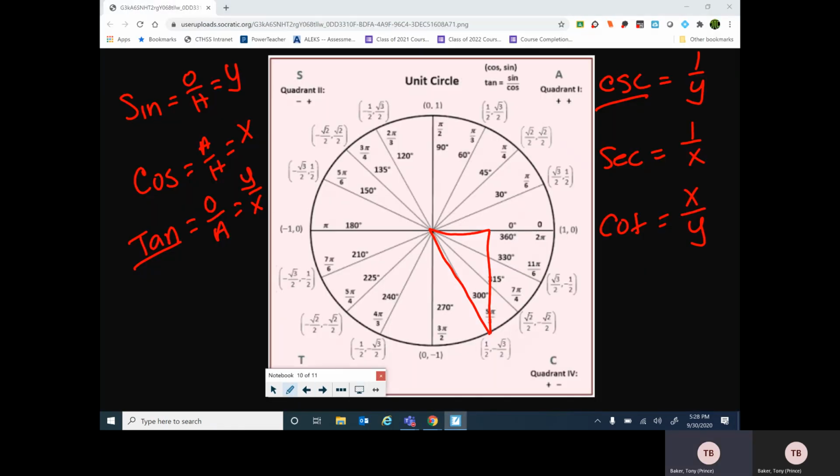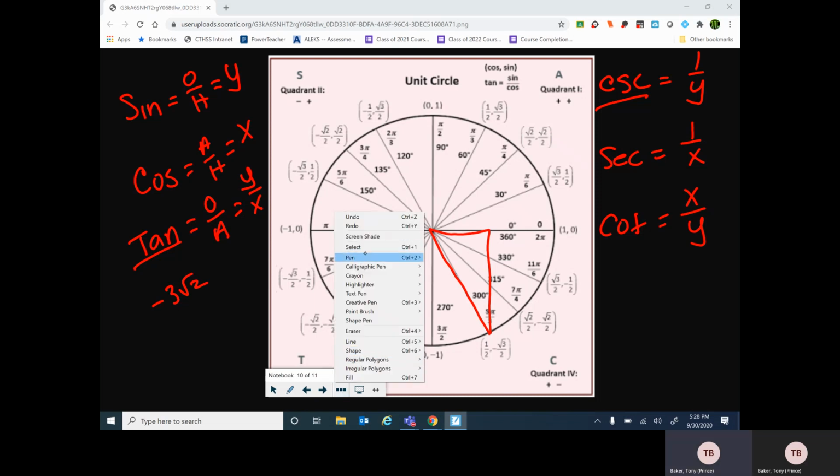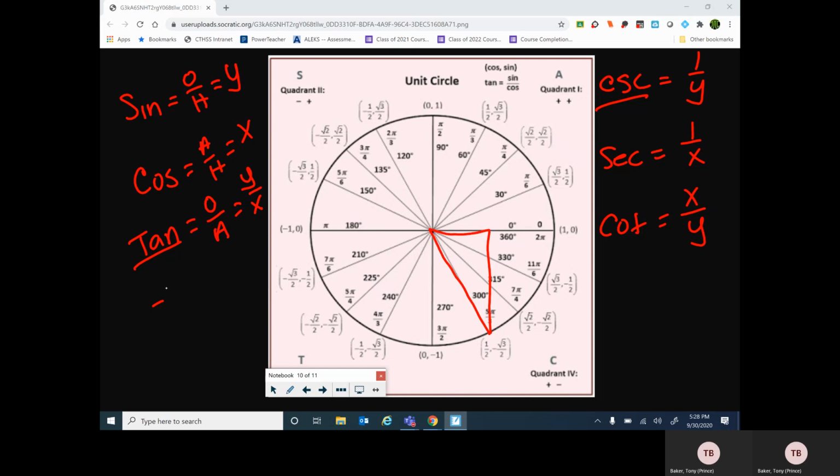So when we're looking at tangent, it's y over x. So that means I'm going to have the y, which is negative square root of 3 over 2, and we're dividing that by 1/2. So we're basically multiplying it by 2 over 1. So I end up getting negative 6 over the square root of 2. And you don't actually have to rationalize it in this topic, we found out the other day.